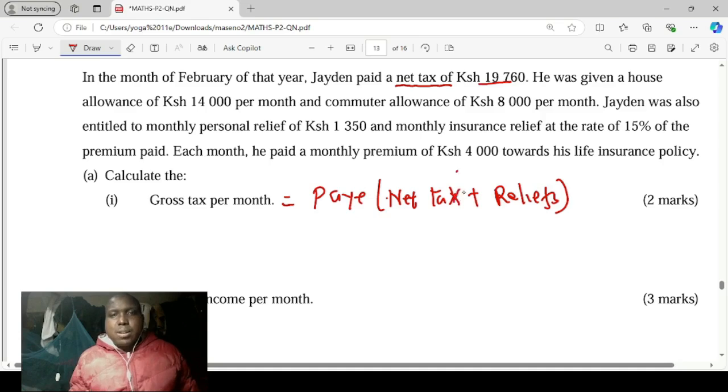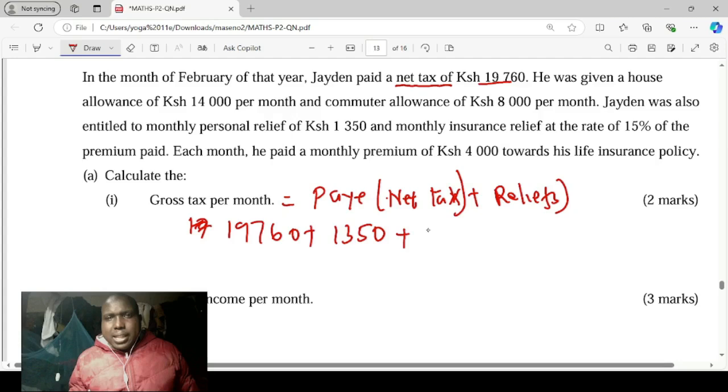Gross tax is pay plus reliefs. Hapa reliefs tuko nayo, so this one will be pay, that is 19,760 plus 1,350 plus 15% of 100 times premiums, which is 4,000.